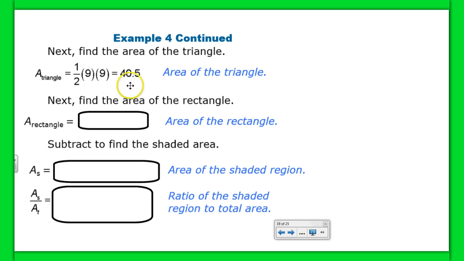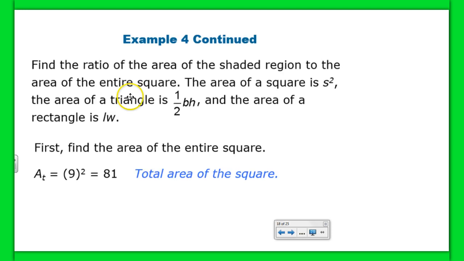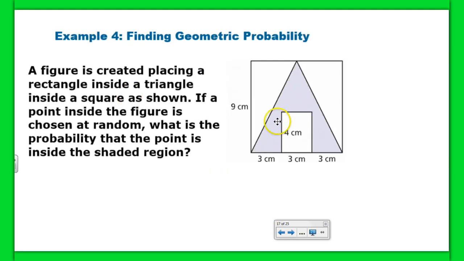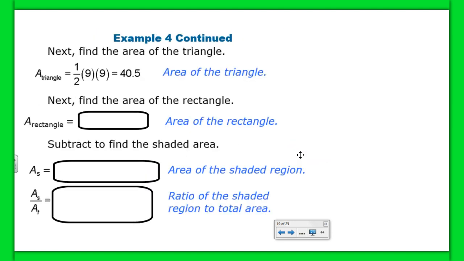Now we've got to kind of cut out, because this triangle is not entirely shaded, we have to cut out that little rectangle in there, right? And so we can see that this height of the rectangle is 4 and the base is 3. So we're going to take that away from the shaded area. So the area of the rectangle is 12.